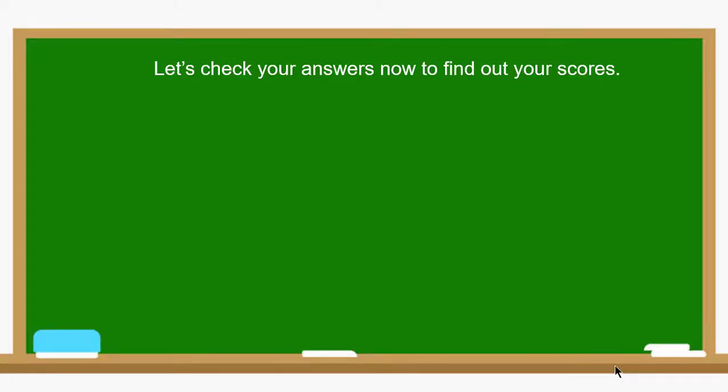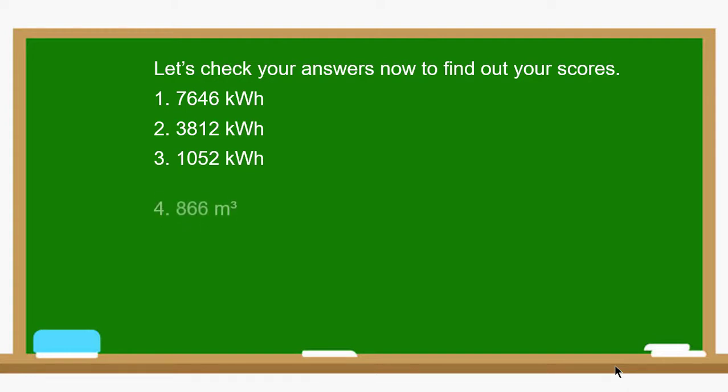Let's check your answers now to find out your scores. Number 1, the answer is 7,646 kilowatt-hour. Number 2, 3,812 kilowatt-hour. Number 3, 1,052 kilowatt-hour.